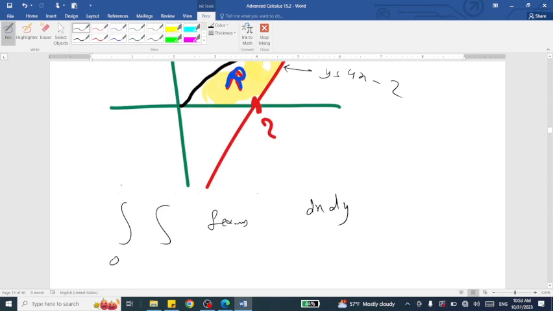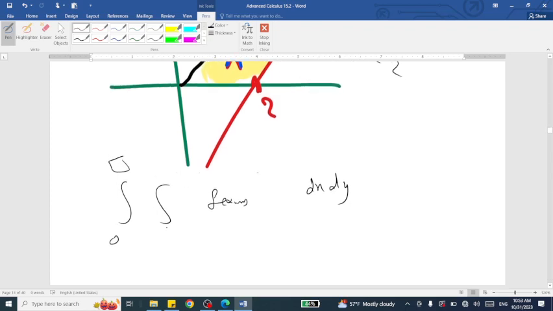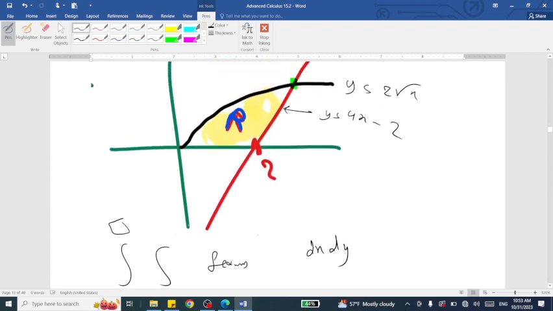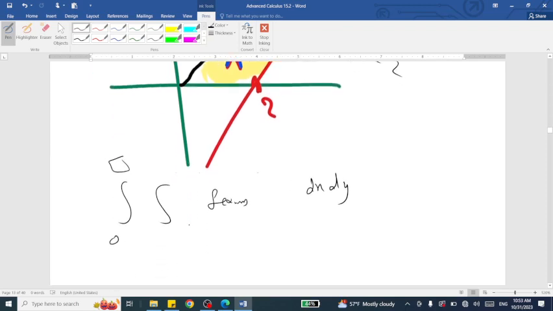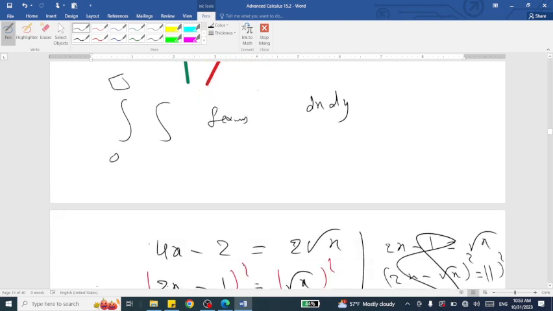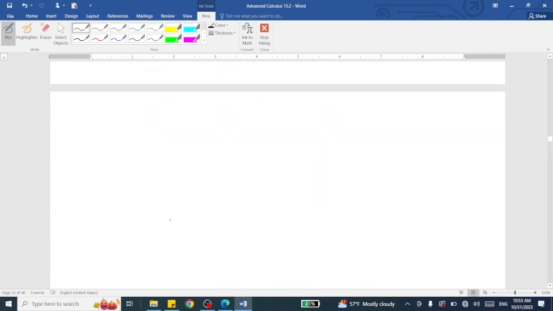Okay, so here equal to what? Exactly, so we need to change. Yes, we need to change because of the boundary. I mean 0 to what, so I mean x equal to, y equal to.